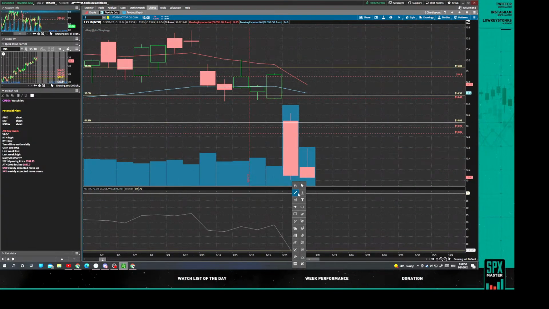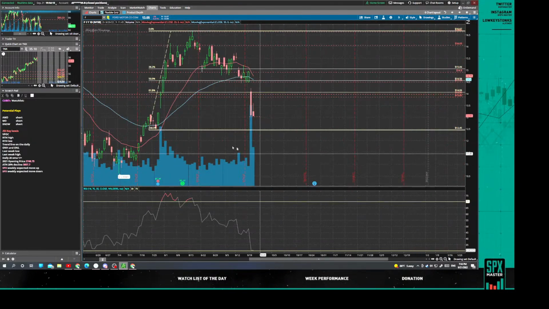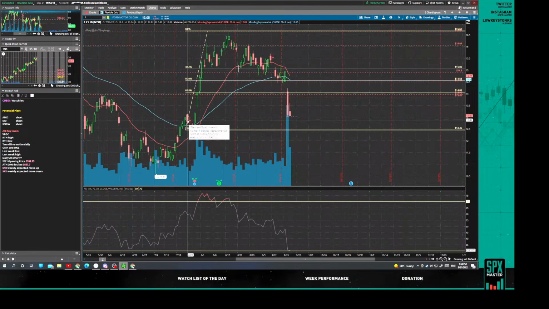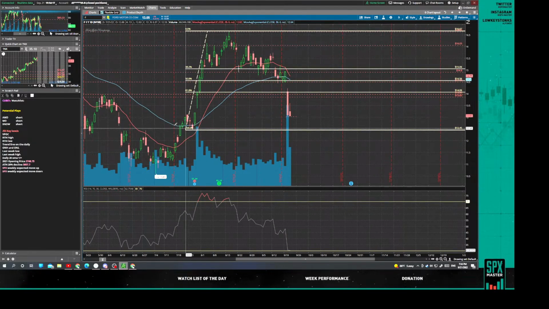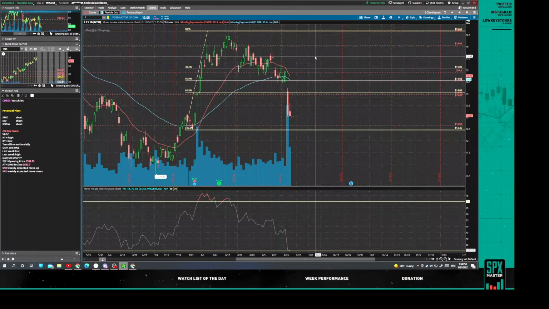Yes, sir, a break off of this low, because it's an inside candle, will probably send you into the next support resistance, which is this one right here and this one right here. So F can potentially go to 12.64 and then 12.45 if it breaks this low right here. Until tomorrow.